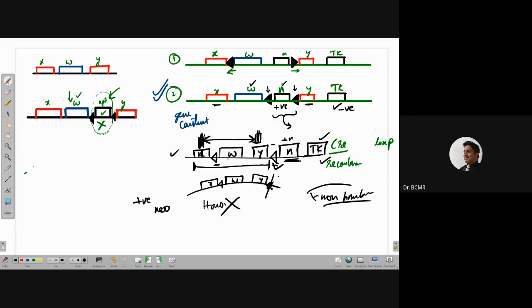One more important point: we are using the Cre-LoxP system to get rid of neomycin, and therefore this placement of the recombination site outside X and Y is wrong. In a typical exam, a question would come where you are supposed to evaluate a gene construct, and you should be able to do it with proper reasoning.